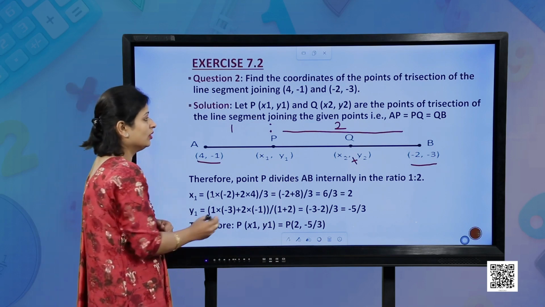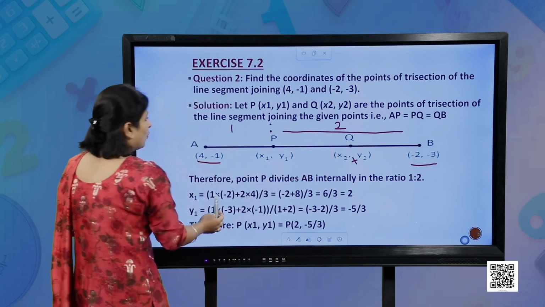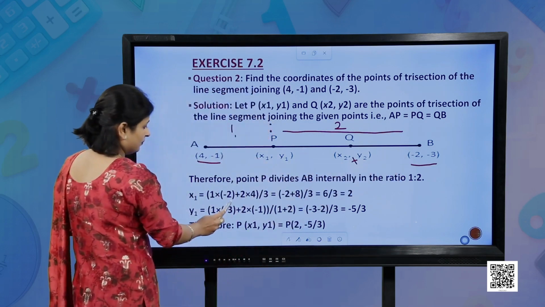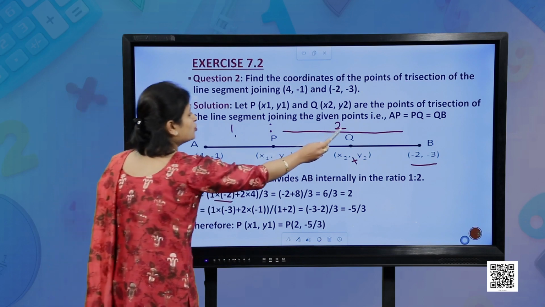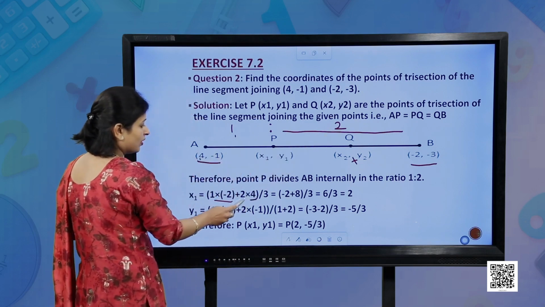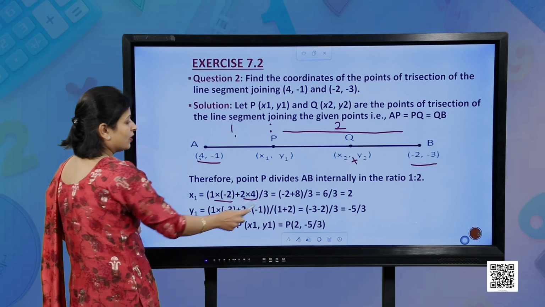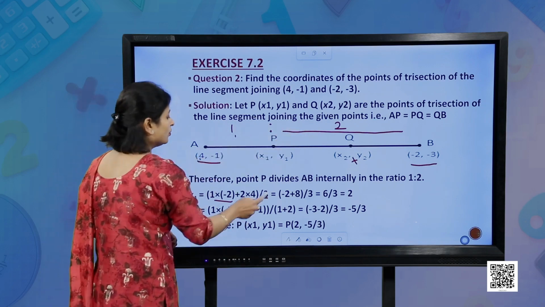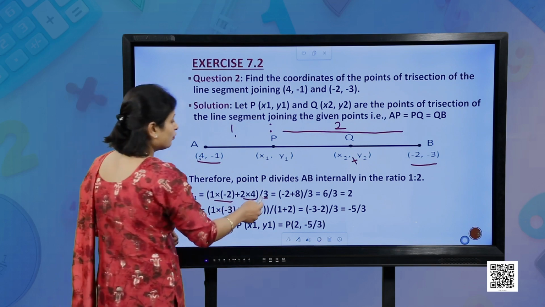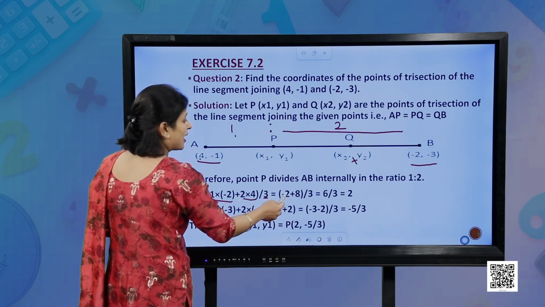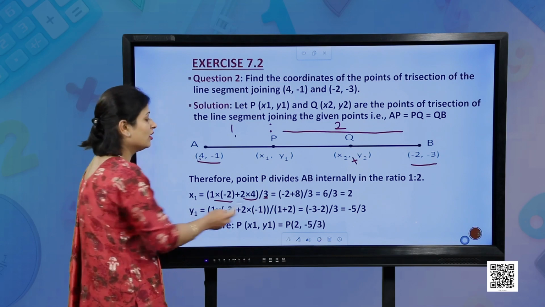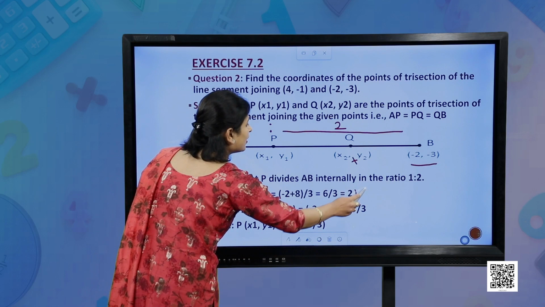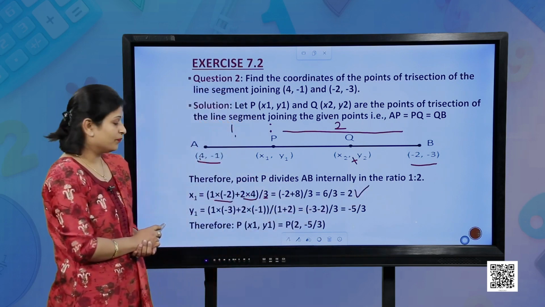How will you find it? See, 1 into -2 plus 2 into 4 divided by the sum of the ratios, which is 1 plus 2, 3. Now, if you solve, you will get -2 plus 8 in the numerator divided by 3. You will get the value of x1 as 2.